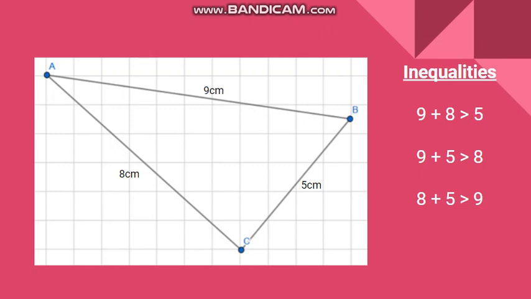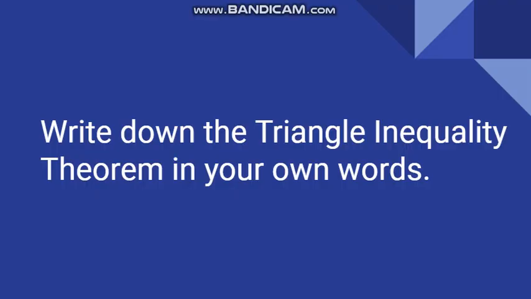So try to think: if this set of inequalities represents what the triangle inequality theorem is, what would that be in your own words? Pause the video and try to write it out.